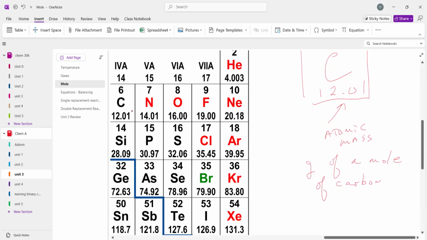So if we took a mole of carbon atoms and weighed it, it would weigh 12.01 grams. Now, if it's a molecule we're talking about, like water, then it would be a molar mass rather than atomic mass. So atomic means there's just one element there. Molar means it's two or more. But that's what the decimal number means.